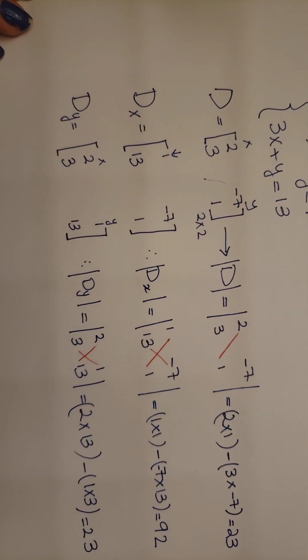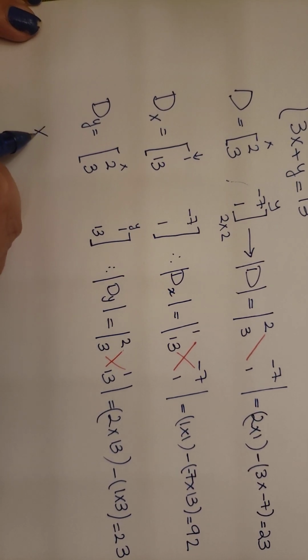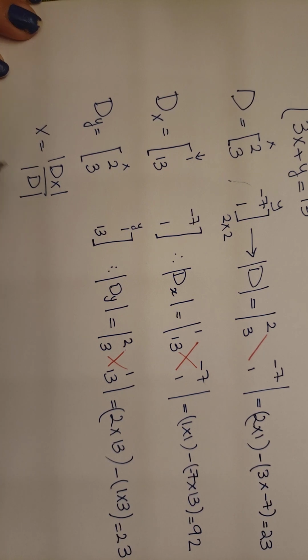And then from here, that would be just a piece of cake, because x, your first variable, would be dx over d, which both of them are determinants, which happens to be 92 over 23, which is 4.